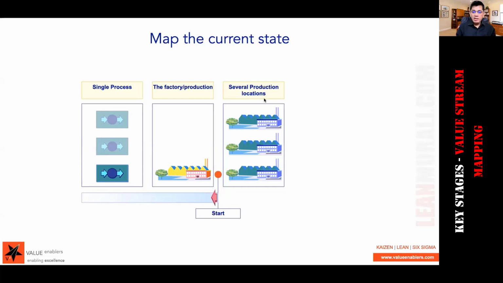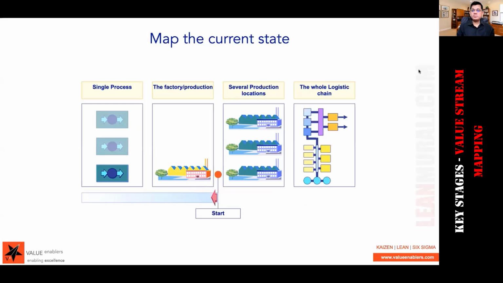So there can be multiple locations, but my request is start with one location. Start with one location. And then later on, in enterprise value stream mapping, we will see the entire logistic chain.